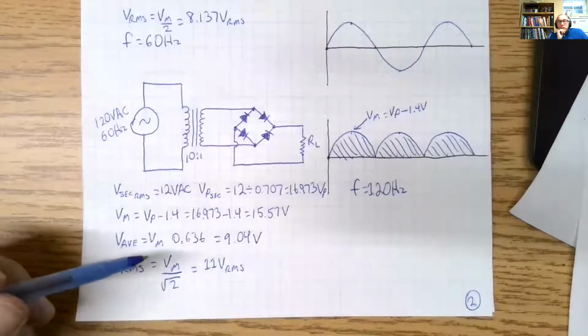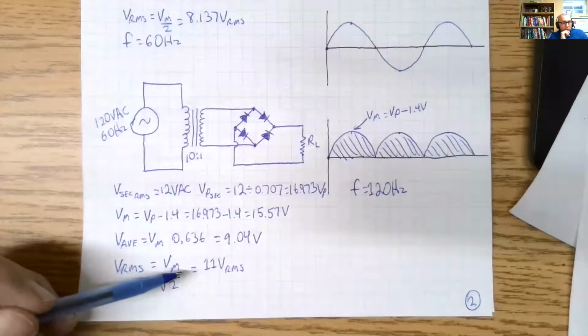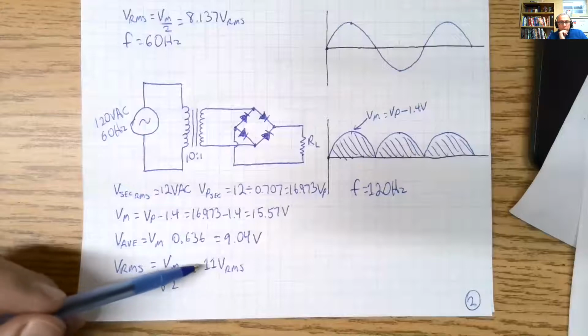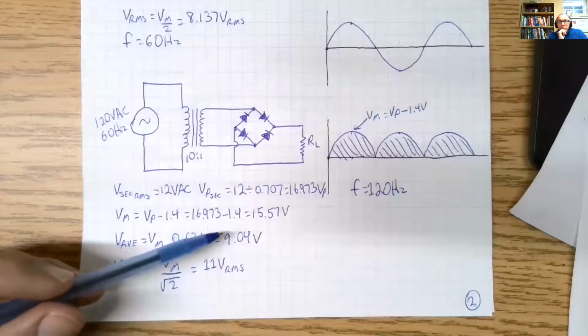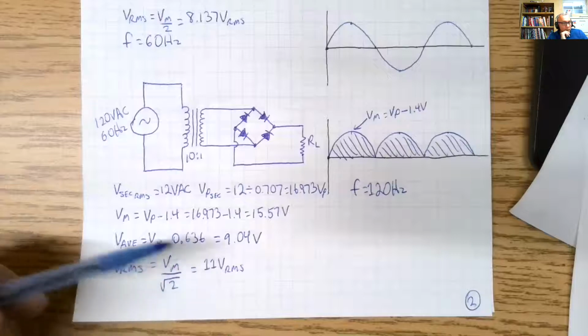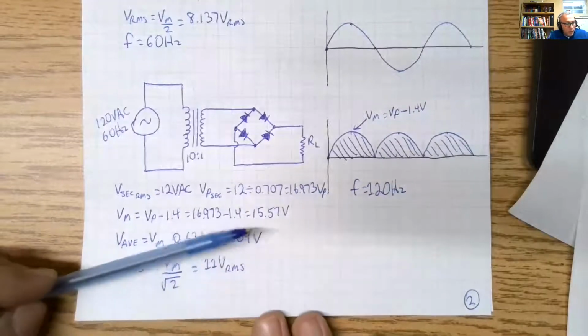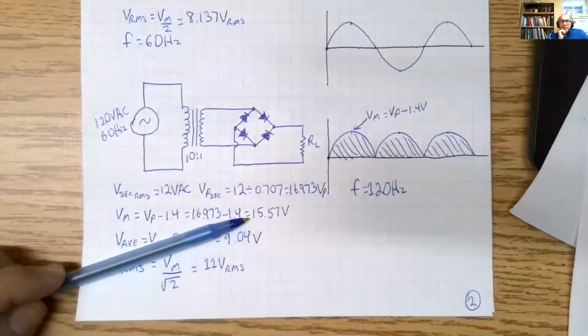So our AC voltmeter would still give us some AC. So we don't have much DC, we have lots of AC. But the value we're worried about right now is this, 15.57.